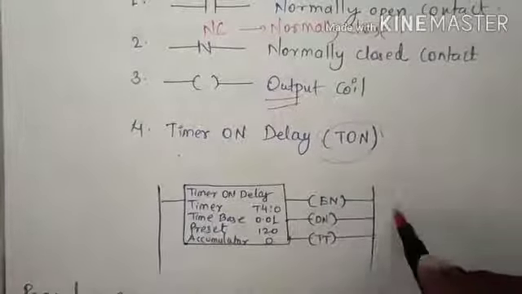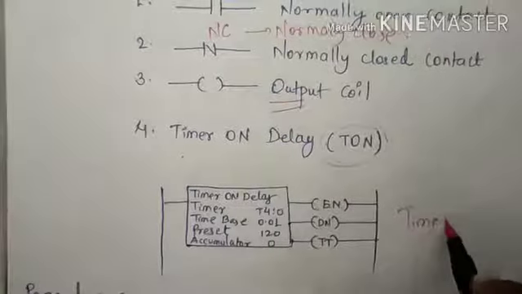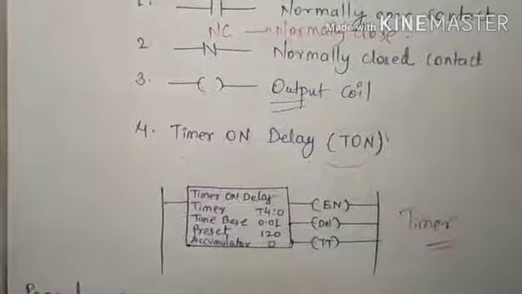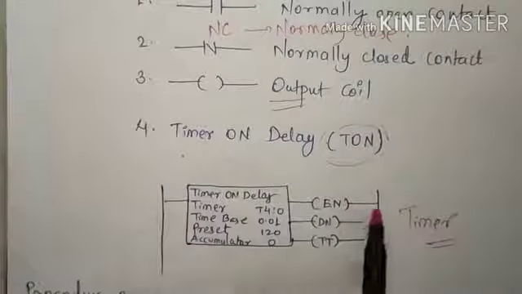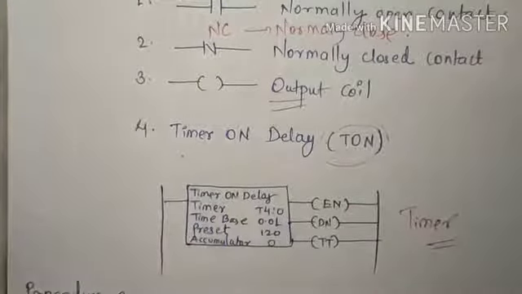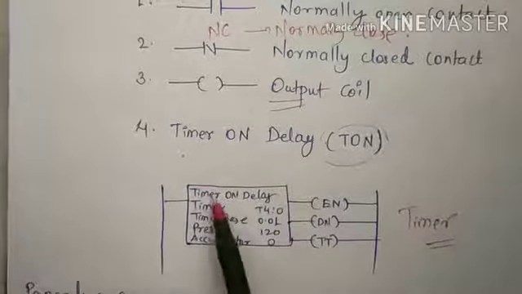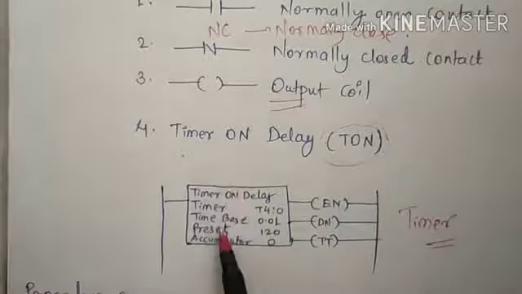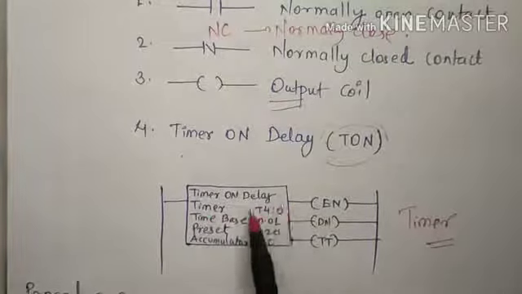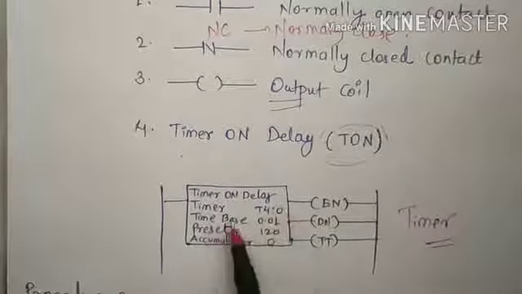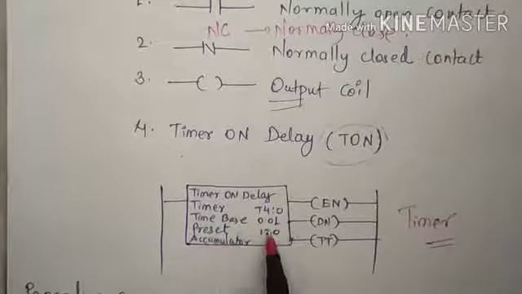So this is a timer, and this is how the timer is used in ladder programming. It has several parameters. First is the timer, which denotes the timer T4 file. Timer base is 0.01 and preset is 120.